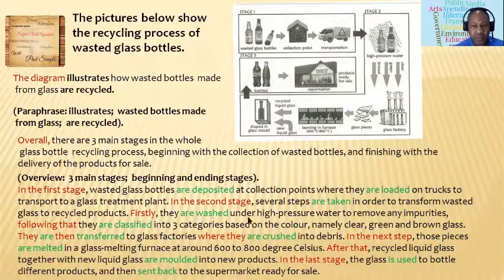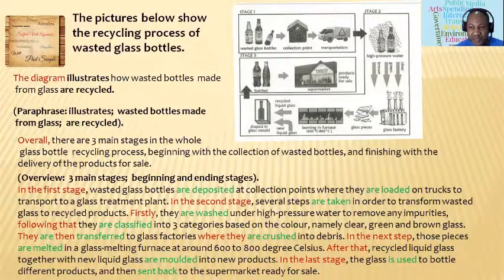Firstly, they are washed under high pressure water to remove any impurities. Following that, they are classified into 3 categories based on the color, namely clear, green, and brown there. They are then transferred to glass factories where they are crushed into debris.